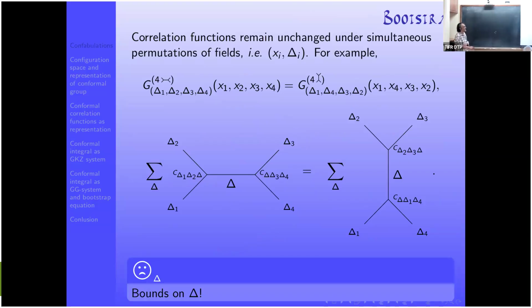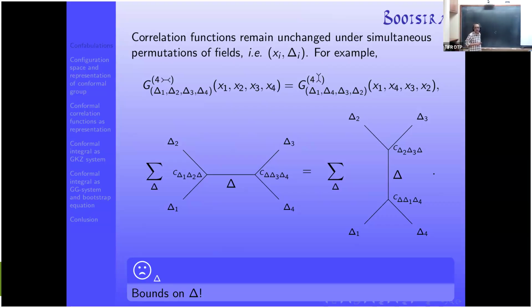And here's the Bootstrap equation. I have written it for 4-point functions, but typically you would like to do it in general. You take some n-point correlation function, so you have 4 fields like 1, 2, 3, 4, and then you permute these fields, these indices around, and demand that they give you the same correlation functions.